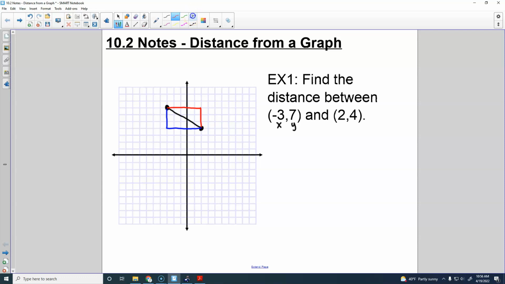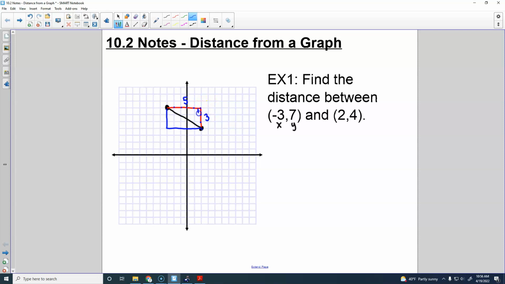Here's the cool thing about this. Now I have horizontal and vertical lines, so I can count the length of the side. If I use this red triangle here, 1, 2, 3, 4, 5. The length of this side right here is 5. And the length of this side is 1, 2, 3.